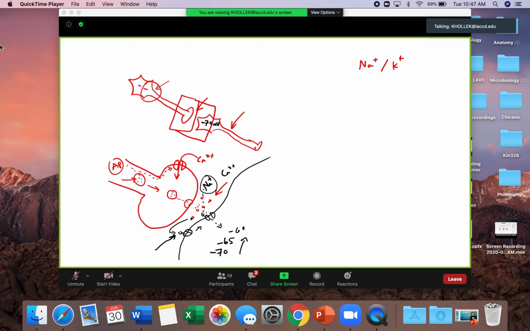But if you do this before the threshold is reached, all right, action potential is not going to occur, right? So let's say that in here you have a negative 70 millivolts, that's your resting potential, all right? But because the sodium came in, this goes in towards the negative 55.